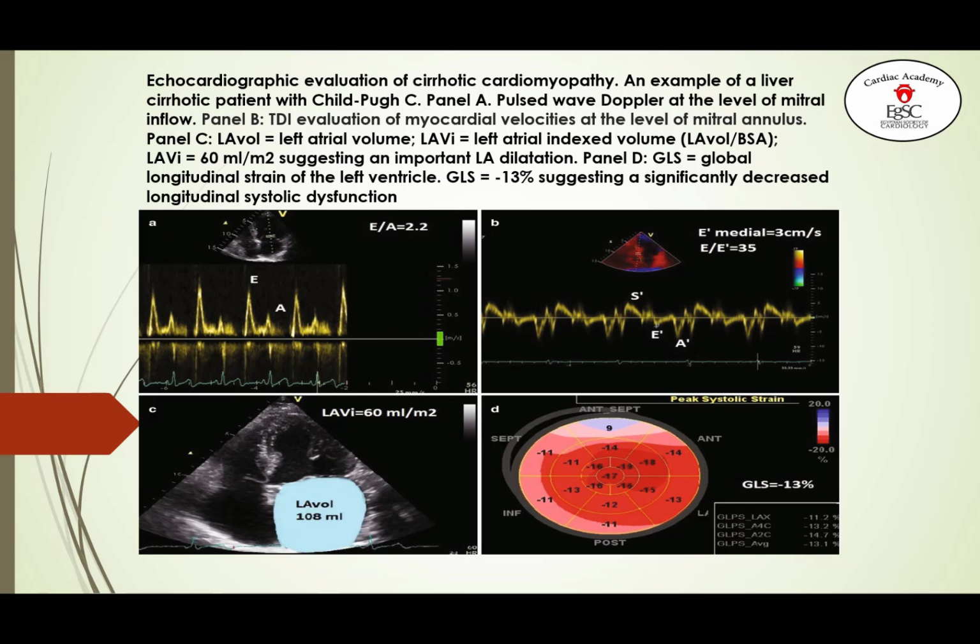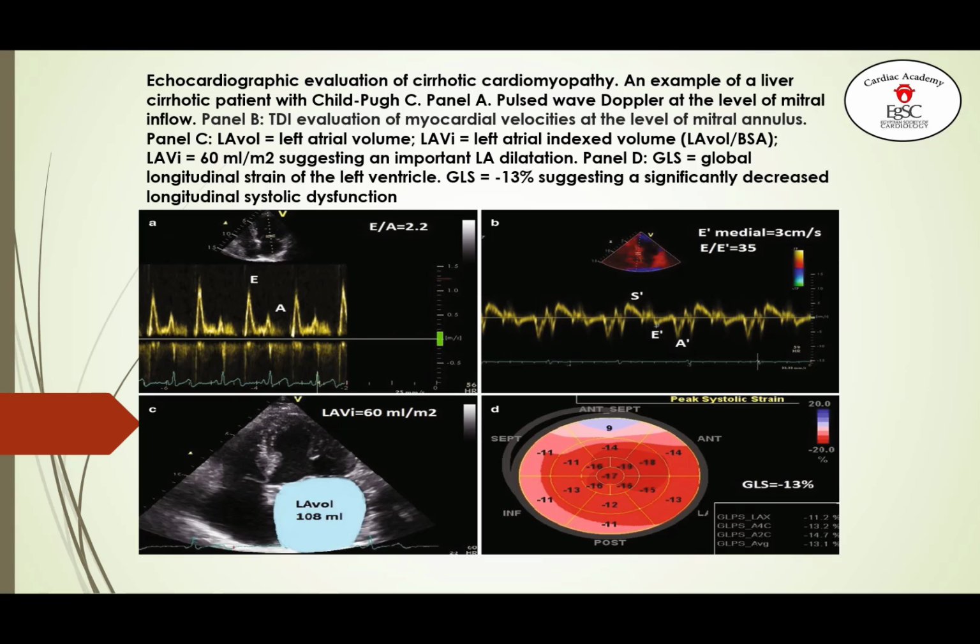This diagram shows us an example of a liver cirrhotic patient with Child C. Here is the pulsed wave Doppler at the level of the mitral valve, showing E/A ratio more than 2. And this is a tissue Doppler with reversed E/A annular ratio measured at the level of the mitral annulus.